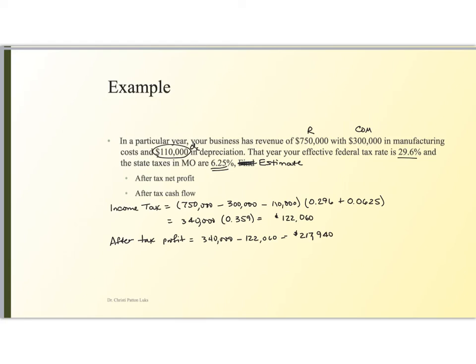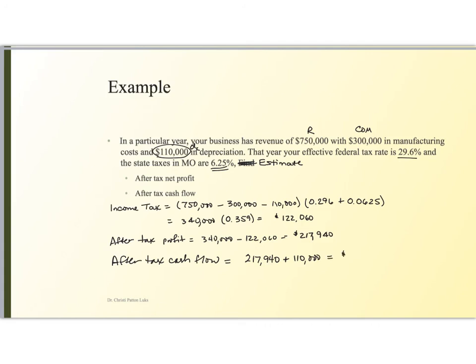But that's not really your profit, okay? This is just what the IRS thinks of your profit. The actual after-tax cash flow is going to be this $217,940 plus the depreciation. No money changed hands with that.